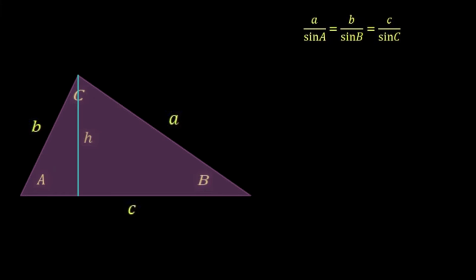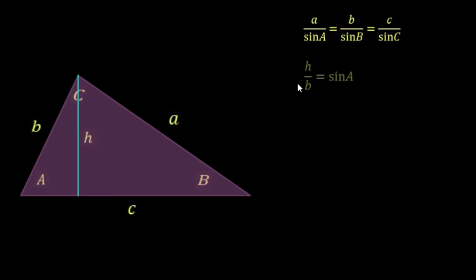Now we're going to look at the sines of angle A and also the sine of angle B in terms of this length h. So we can see here in this triangle, the length opposite A is the length h. So this is the opposite, and this is going to be the hypotenuse. So we could say that h upon b is equal to the sine of A.